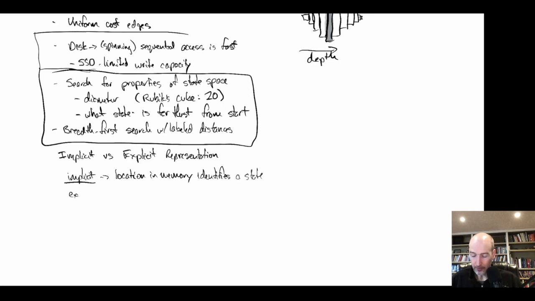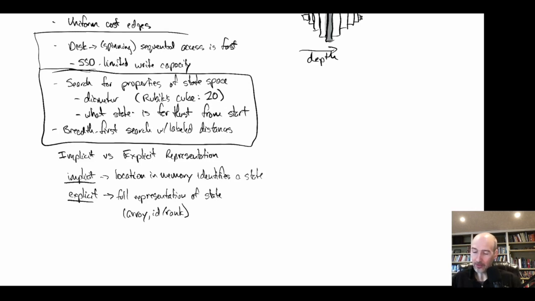And an explicit representation means I just have a full representation of the state. So that could be an array, or it could be some other ID or a rank, like a hash. And these would be two different ways of representing things.